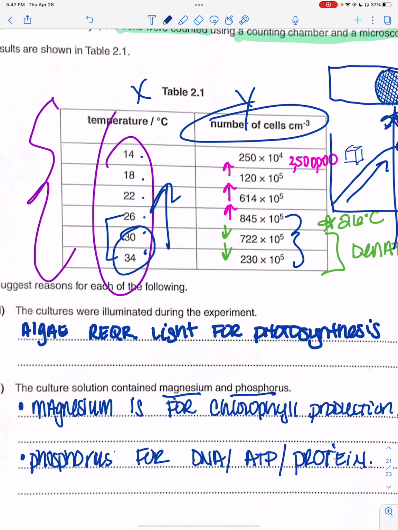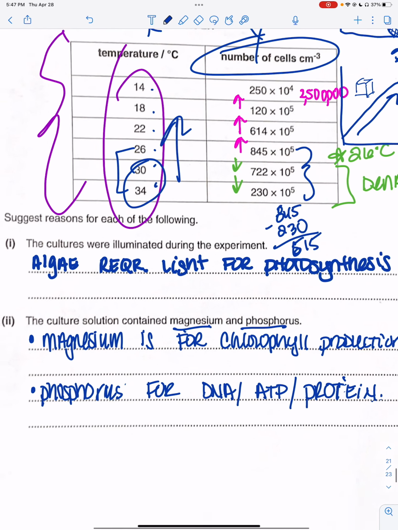So let's look at this. So it's going to be something times 10 to the fifth. So 845 minus 230, there we go, 615. So it's just a difference. So 615 times 10 to the fifth.